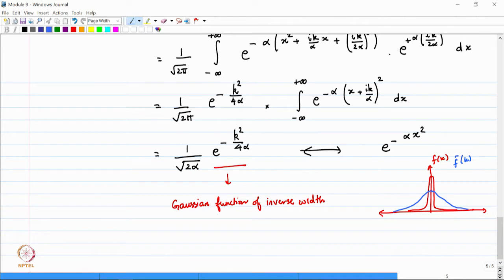And of course, if I had chosen this as my Gaussian function, then this would be the Fourier transform.